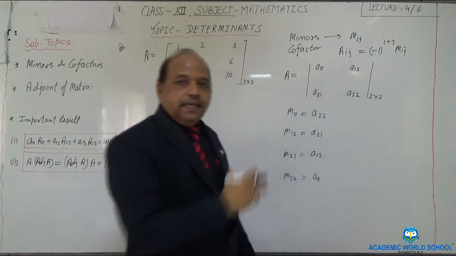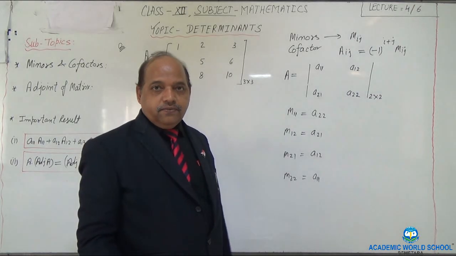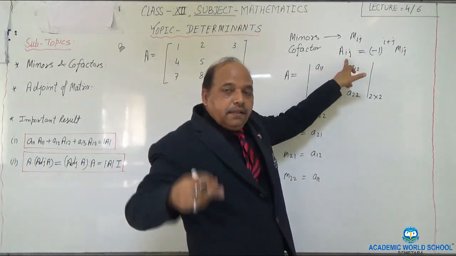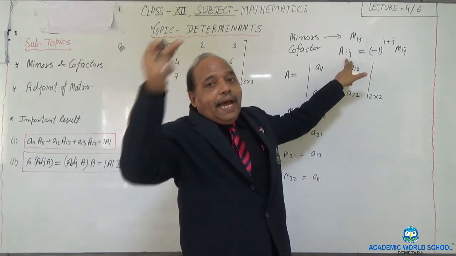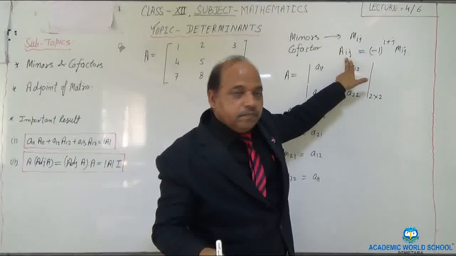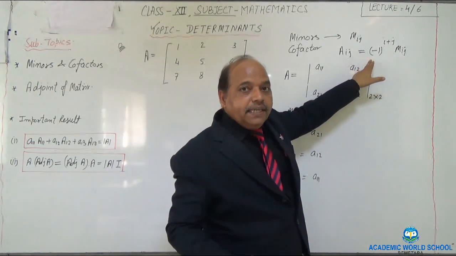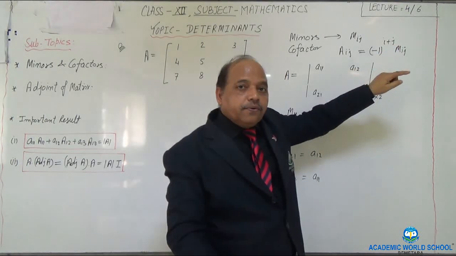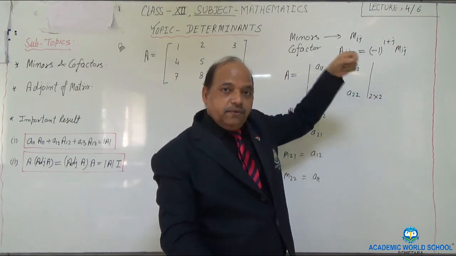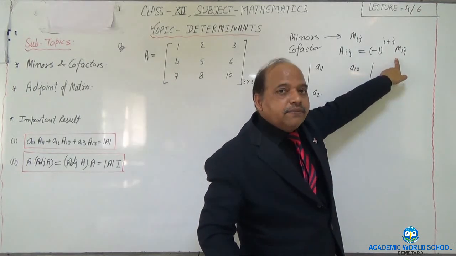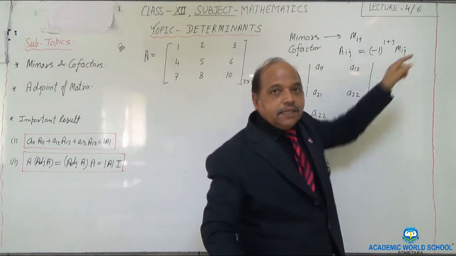What is Mij? The minor you just calculated. So Aij, cofactor of the element which belongs to ith row and jth column, is given by minus 1 to the power sum of number of row and column in which it belongs, into minor of that element. This is the way we calculate.